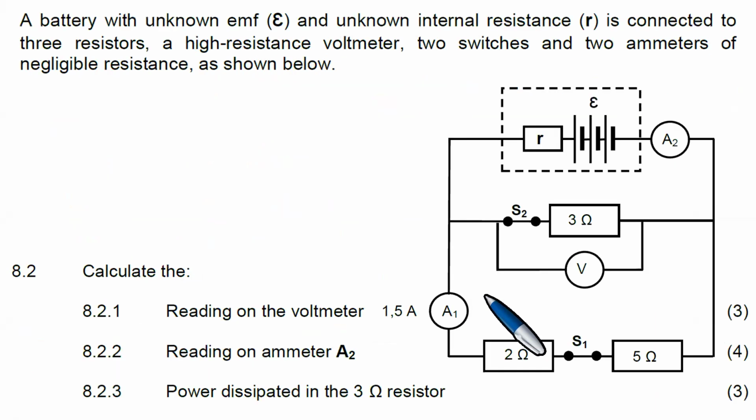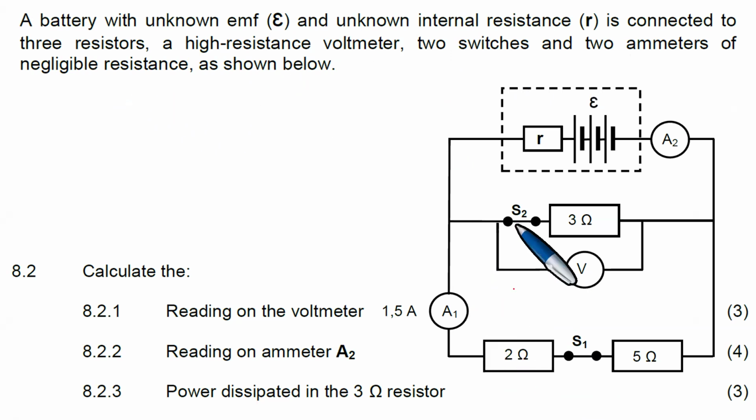In the next question, still a battery with unknown EMF E and unknown internal resistance R is connected to 3 resistors, a high resistance voltmeter, 2 switches, 2 ammeters of negligible resistance as shown below.